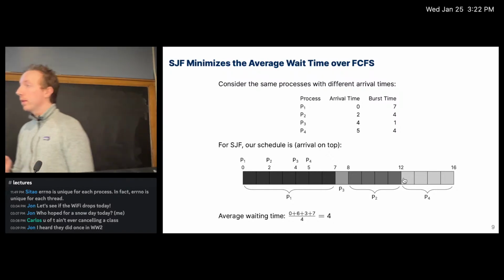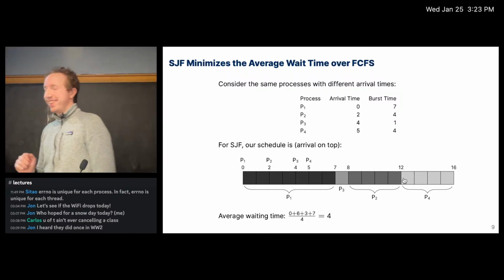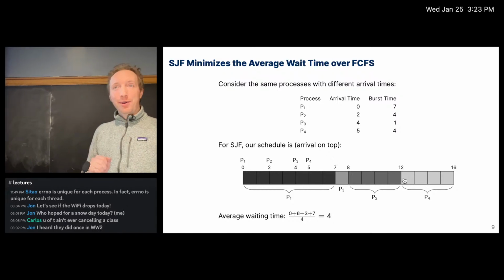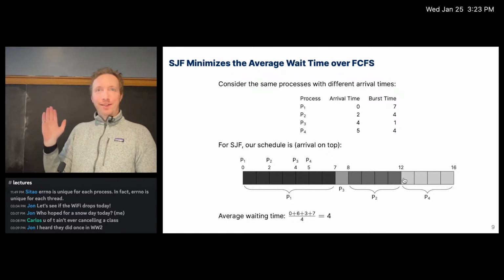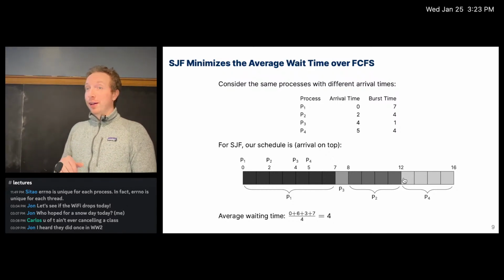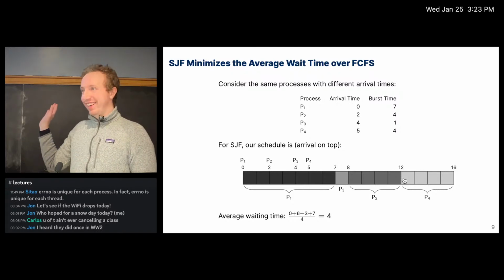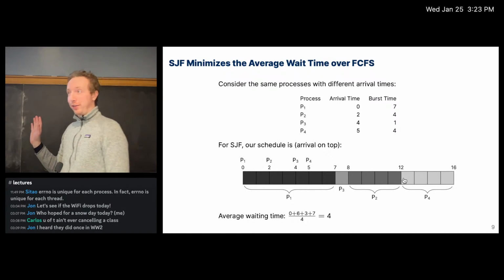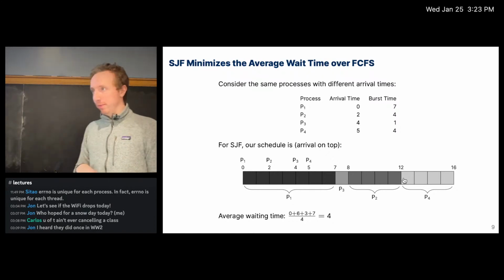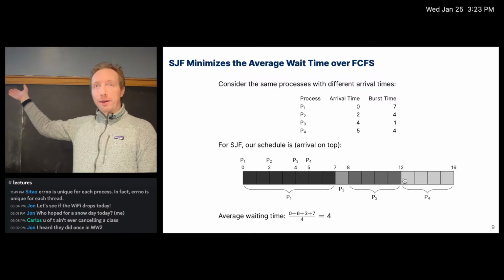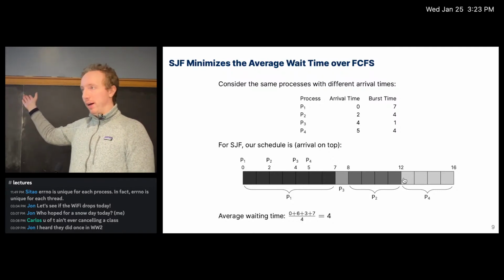Yep. How do we know the burst time in advance? That's a good question, because you just start a program and you don't know. So you analyze this after the fact. When you're actually doing real scheduling, you will not know the burst time, but this is a way to evaluate things after the fact.